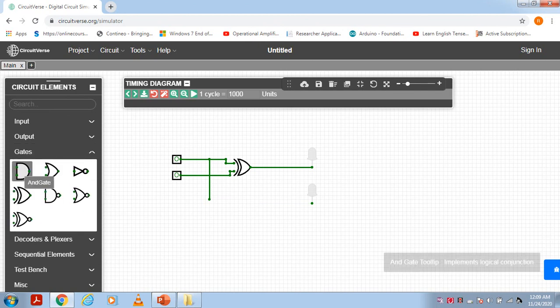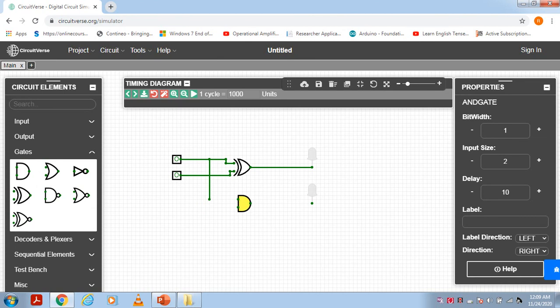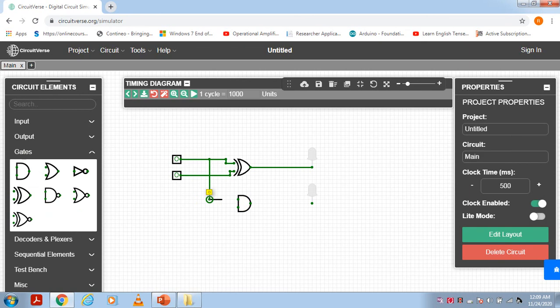This first input is connected like this, and the second input is connected like this. The output of the AND gate is connected to the LED. Now this is my sum, and this will be the carry.